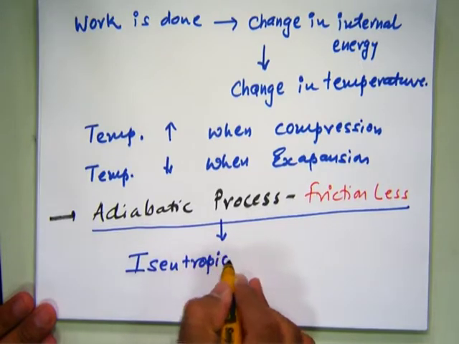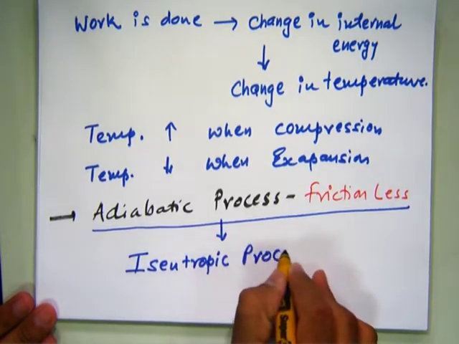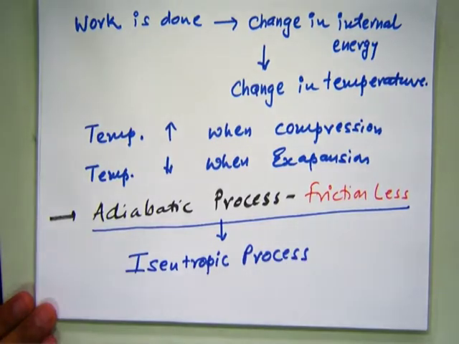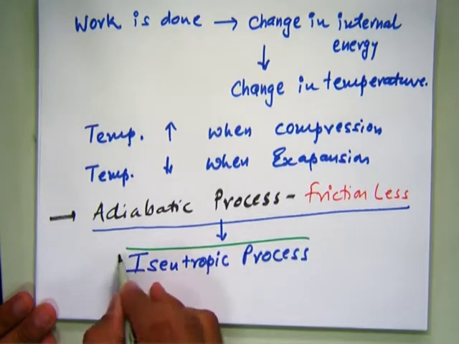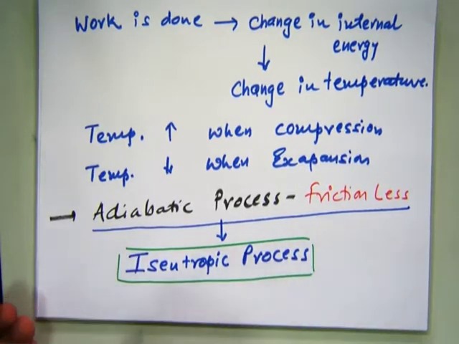Frictionless adiabatic process is known as isentropic process.